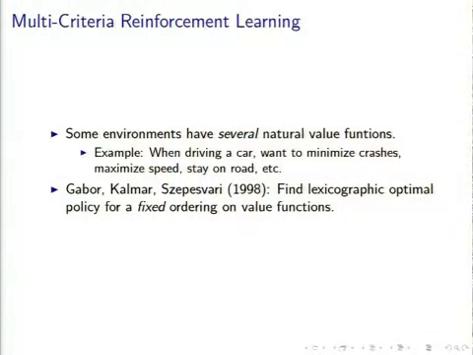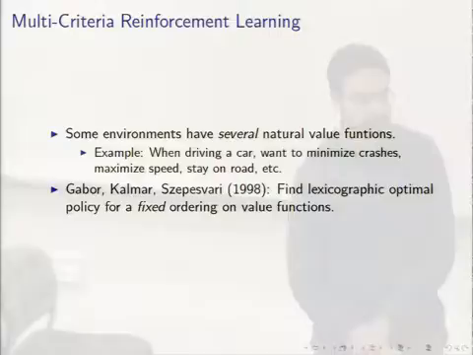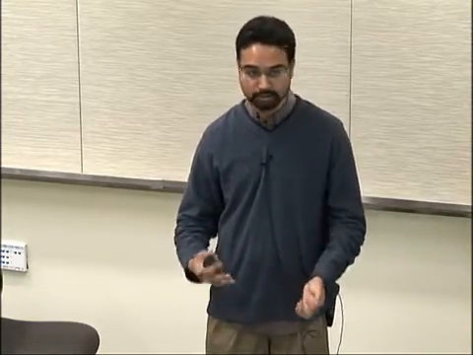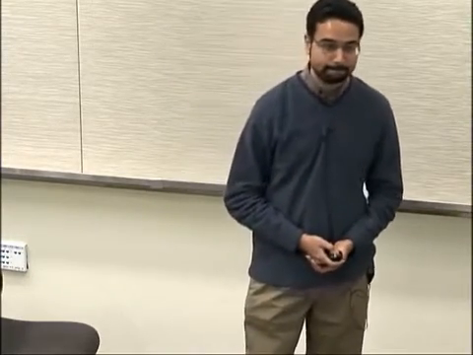Application number 2 is perhaps a little bit more obvious. In a lot of environments, there's not just one natural value function that tells you the value of the policy, there's several. If you're driving a car, there are multiple objectives you're trying to satisfy. You're trying to go as fast as you can, avoid crashes, stay on the road, etc. And these folks gave an algorithm for finding a policy that lexicographically maximizes that set of value functions, but assuming a fixed ordering on the value functions.